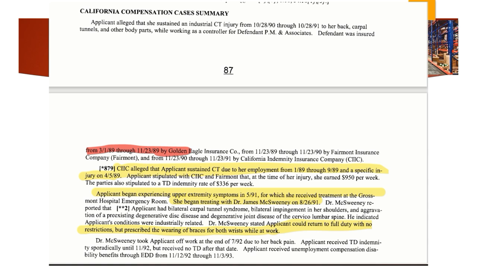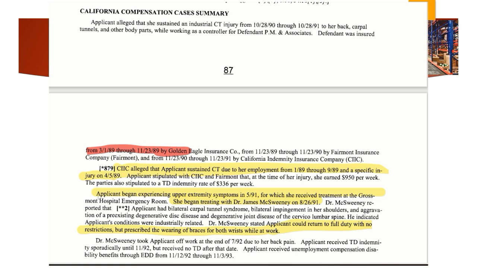Now, we don't know this from the case. We don't know where CIIC gets their data to support a CT and a specific injury. We're not told that in this case, but they had reason to believe, and they had support for their argument, that they were not responsible at all for liability for this particular claim, and that was part of their argument.